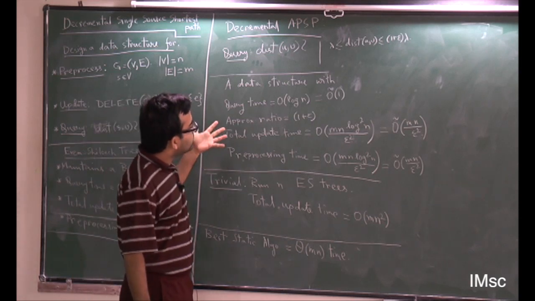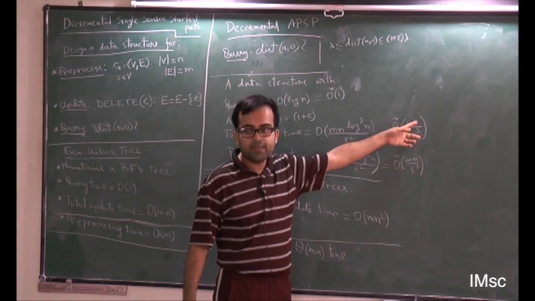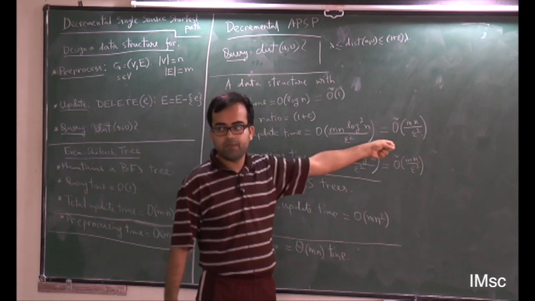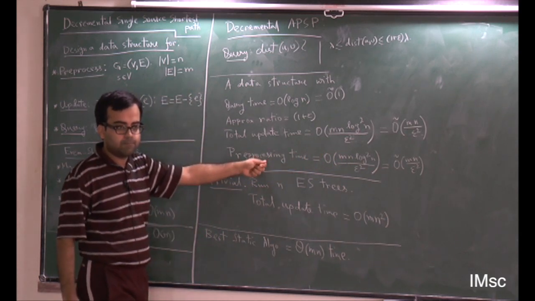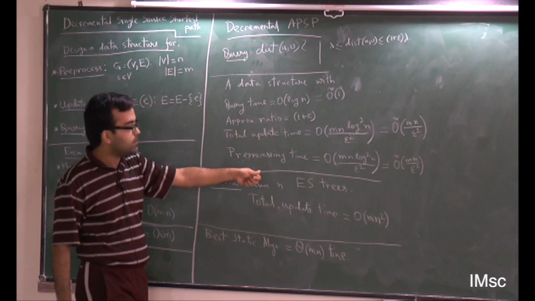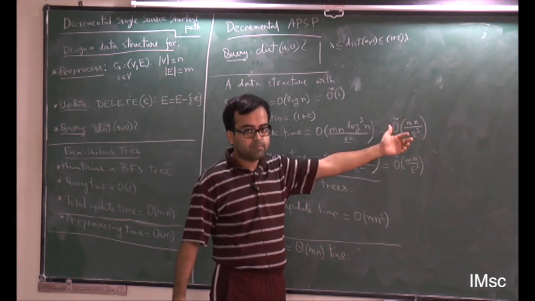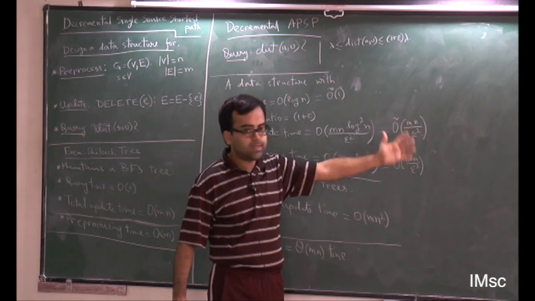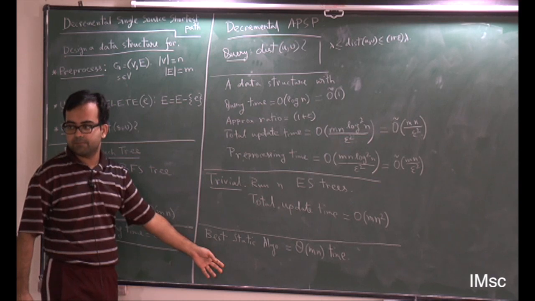So, now can we ever expect to beat the total update time of mn here? Can we get less than mn update time for this problem? No, right, because the preprocessing time itself is also mn. So, if the preprocessing and the update times are less than mn, that means you have a better algorithm for the static problem itself.